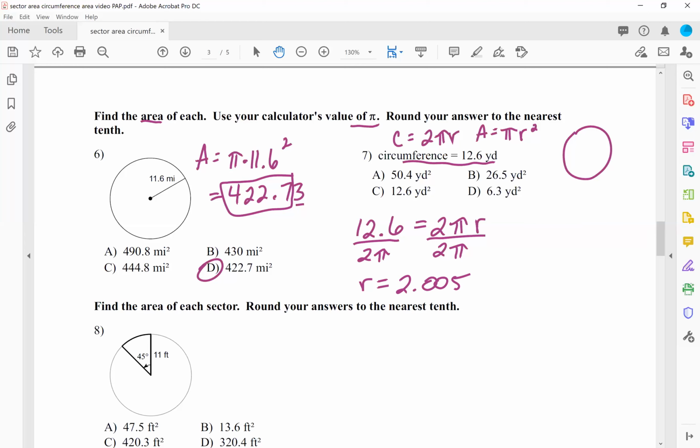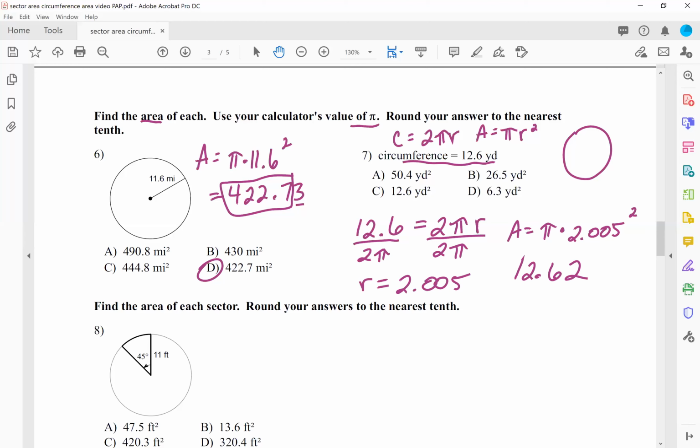2.005. Now I'm going to keep those few decimal places just for some accuracy, but it's about 2. Radius is about 2. So now what we will do is go into our area formula. So area is pi, and then now we're going to do our radius, 2.005 squared. So 2.005, I'm going to square it. I'm going to multiply it by pi. Press enter. And I get 12.62.